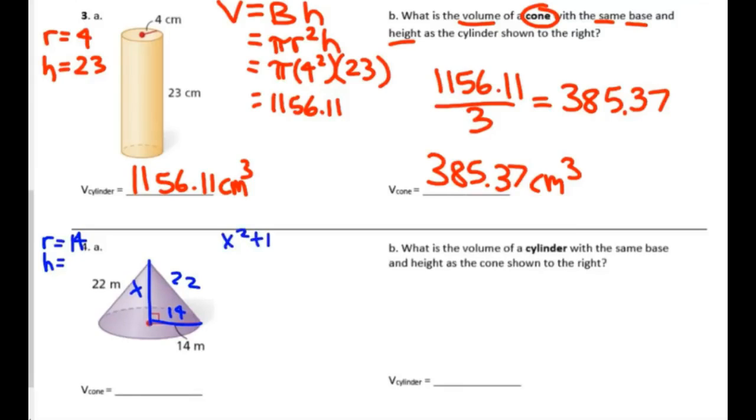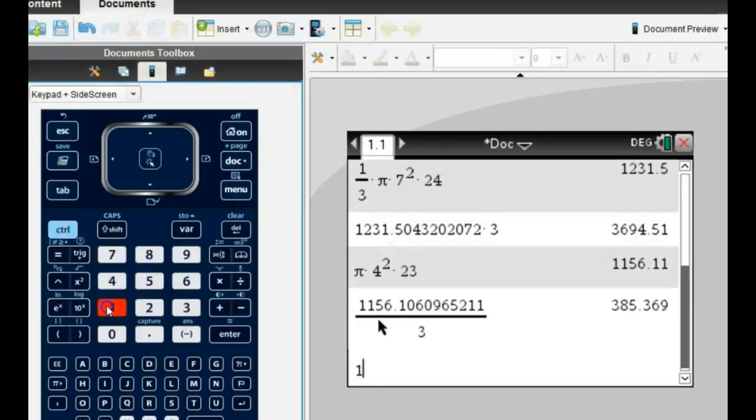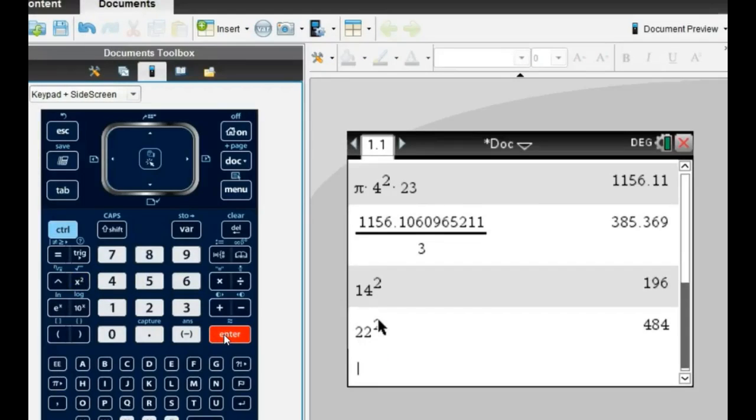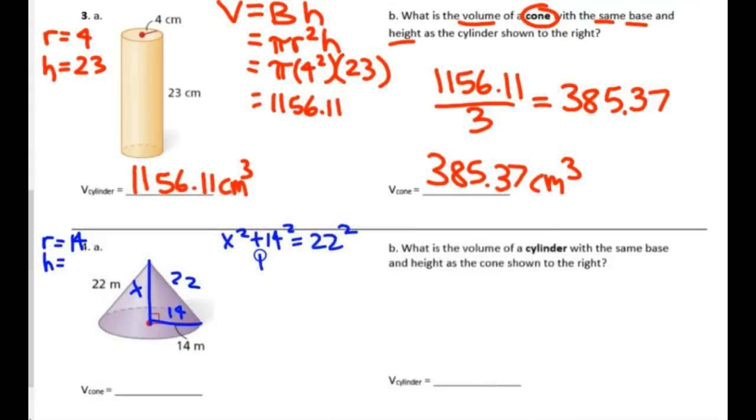X squared plus 14 squared equals 22 squared. I need 14 squared and 22 squared. 196, 484. Okay, so I squared my numbers first for Pythagorean theorem. And then, just like on number 2, I need to subtract because I'm missing a leg.